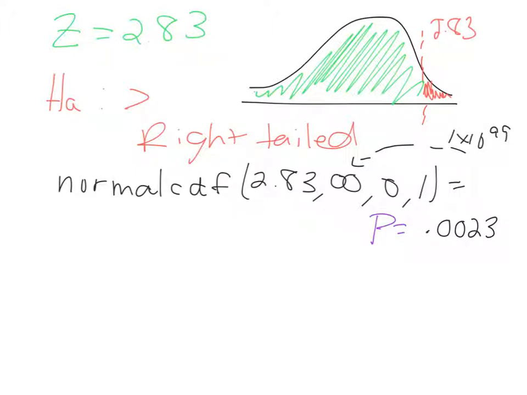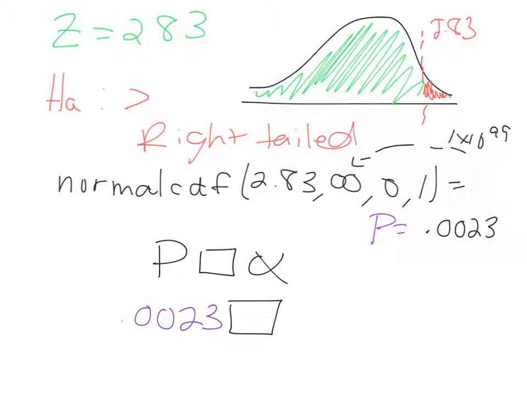Now for the final part of our hypothesis test itself, we need to compare our p-value with our level of significance. So we just calculated our p-value to be 0.0023, and we're going to compare that to our level of significance, which we set to be 0.01. Just to make it a little more clear on how we're comparing decimals here, I like to have the same number of decimal places, if that helps you see something.